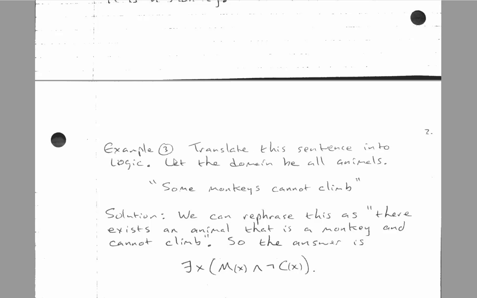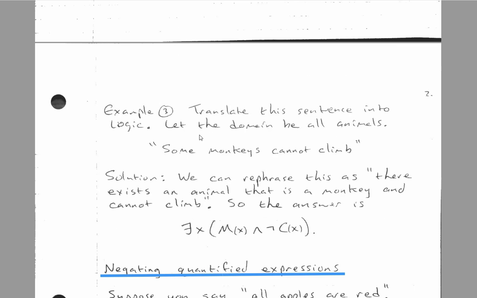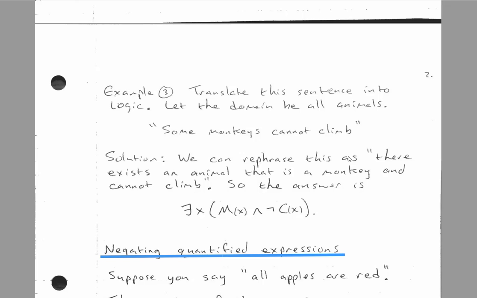Okay, another example, 3. Some monkeys cannot climb. Okay, so doing this the same way as the last example, this time the domain is all animals. So some monkeys, we're not talking about all monkeys.